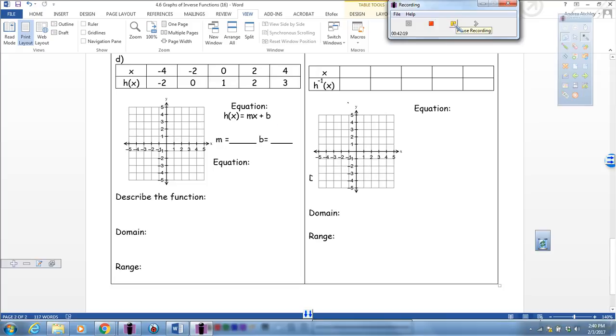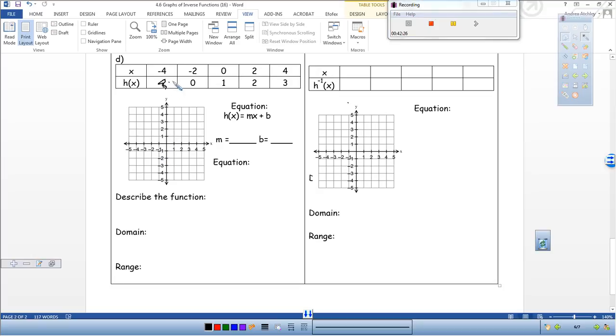Oh, wait. Our graph should be, oh, this is -1. -4, -1, -2, wait, -4, -2, and 0? Oh my goodness. Okay, I don't know why I did that.